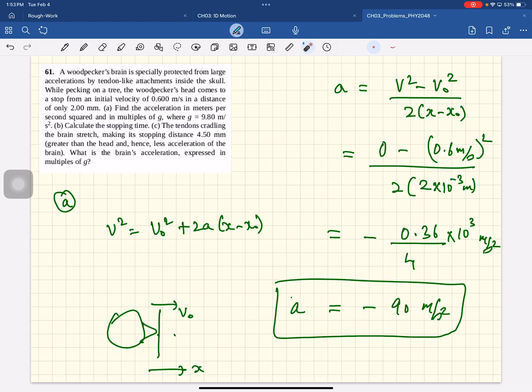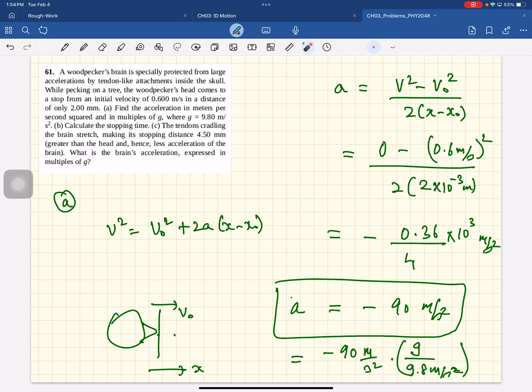To get a sense for this, this is what we'll do on a regular basis. There's 90 meters per second squared. Multiply by g divided by 9.8 meters per second squared. That's 1, g divided by that magnitude.